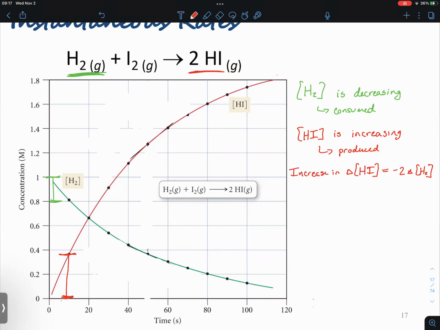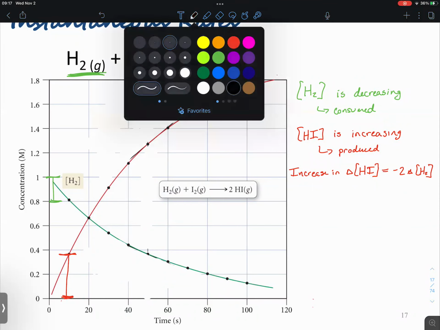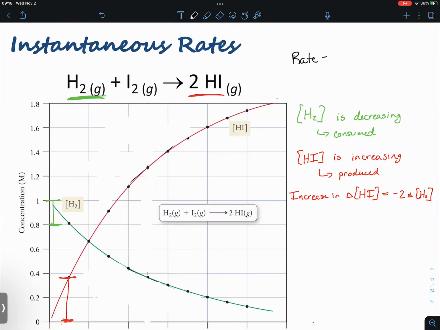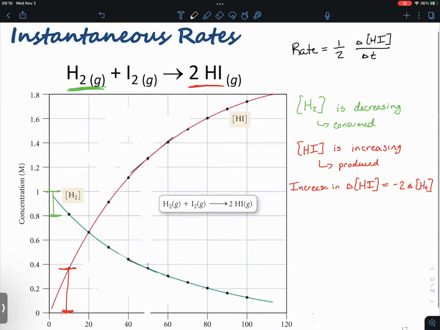All right, so we do this experiment. We monitor the concentration of each of these two things as it's changing over time, and we get this plot. What is this doing for us? Well, again, the rate, if we just want to look at one of these two, is 1/2 over the change in HI over the change in t.